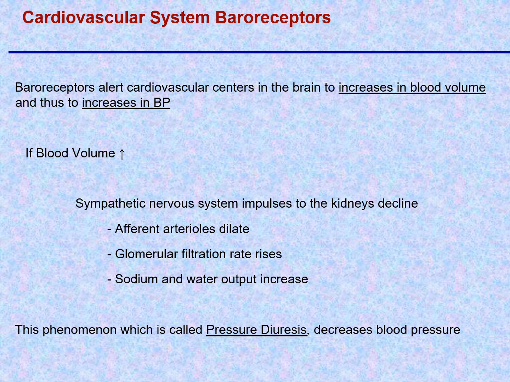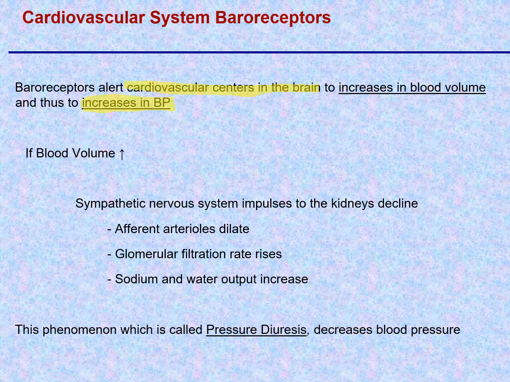And these baroreceptors will send their sensory information into the cardiovascular centers, which are in the brain stem, in the medulla. So if blood pressure rises, and this is the situation we're talking about right now, in that kind of situation, what you want to do is lower the blood volume.